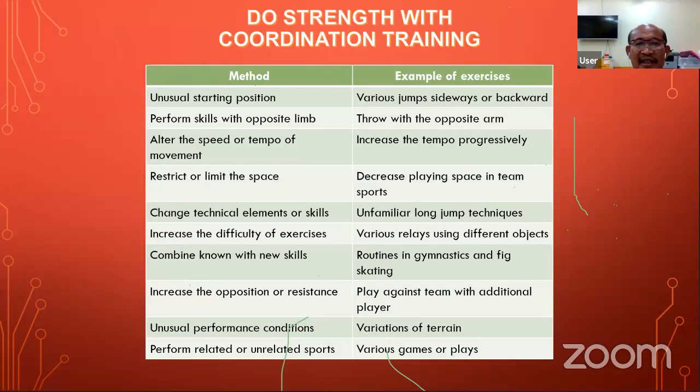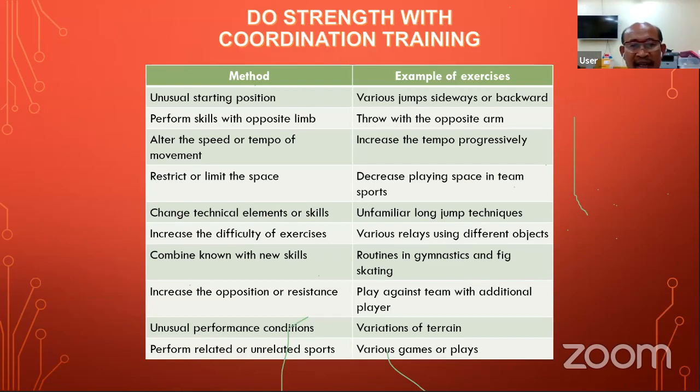Perform skill with the opposite limb. Use a variety of starting positions. It means you challenge the neuromuscular system of your athlete. And when the neuromuscular system is challenged, the adaptation of the coordination is brain capacity. So you can do so many things, and you can change load, low load, high load, low load.